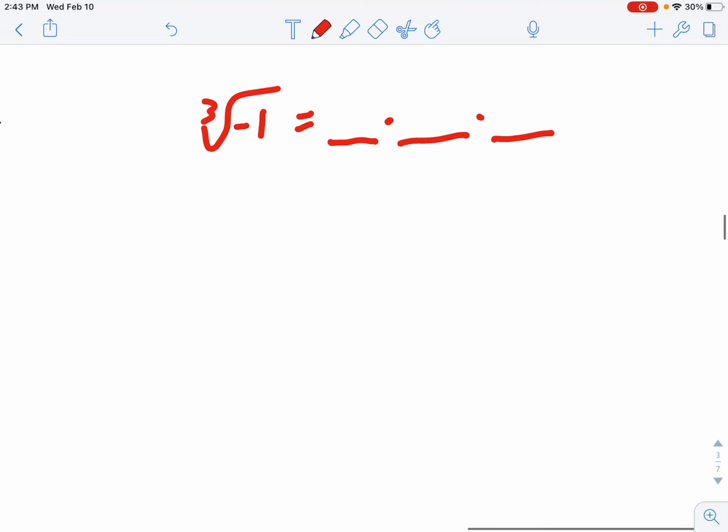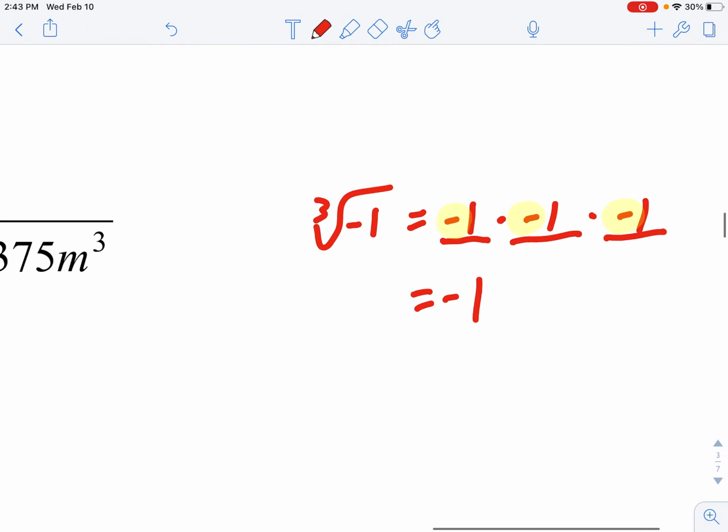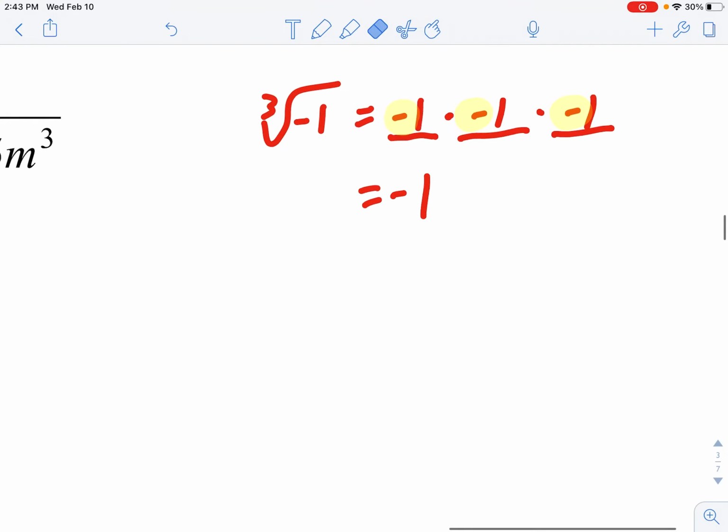But with the cube root of -1, you can do -1 times -1 times -1, right? When you multiply two negatives, they turn positive, but then multiply that by a third negative, and it stays negative. So what am I driving at here? You cannot square root a negative number unless you start involving imaginary numbers, which we're not doing. You can cube root a negative number.